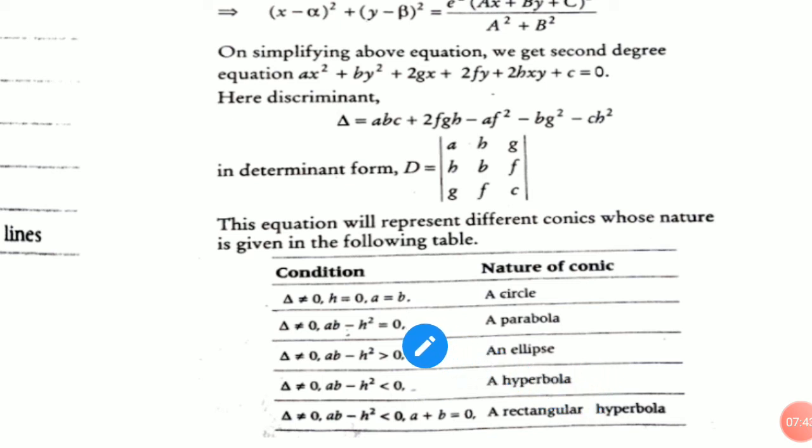So these are all the conditions by which you can recognize the conic section. If any equation is given, you calculate these values and find which shape the equation is for. You have to remember this chart. Hope you understood how to identify the conic section.